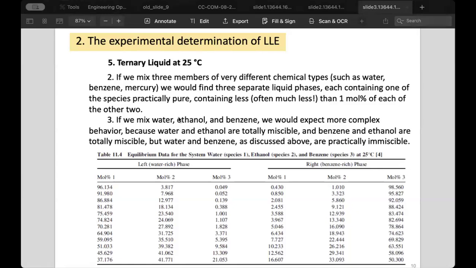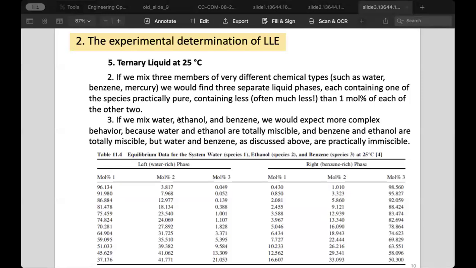Part of it dissolves in water, part of it dissolves in benzene, right? You keep increasing ethanol. Once the amount of ethanol is large enough, it binds all the benzene and water into a single phase, right? It forms a single phase containing everything.